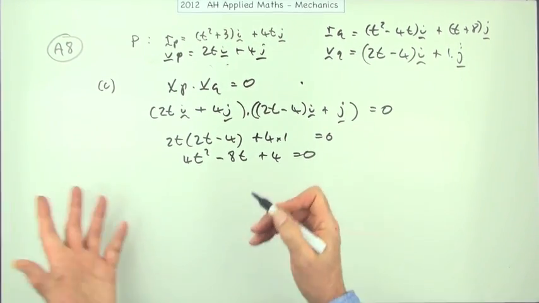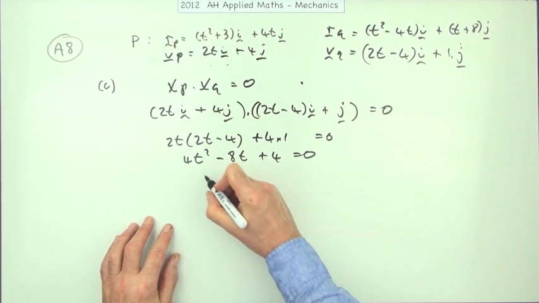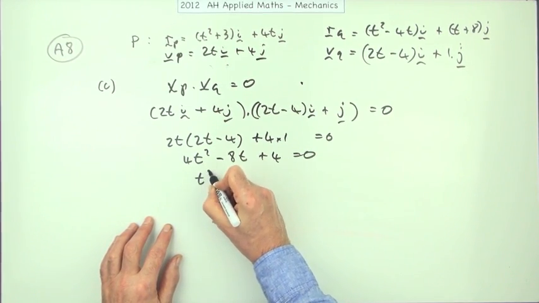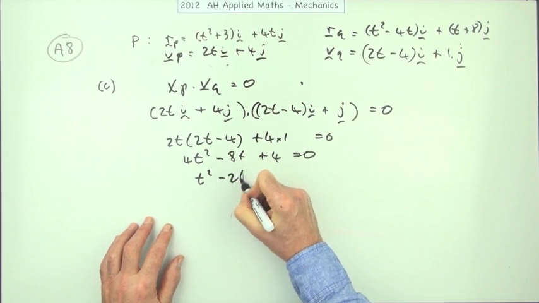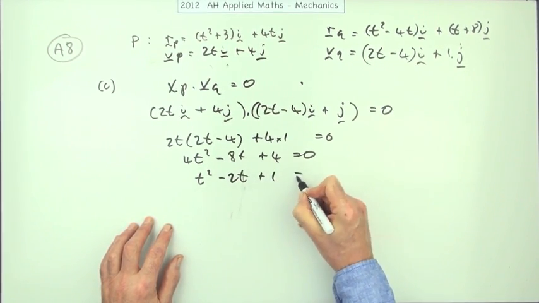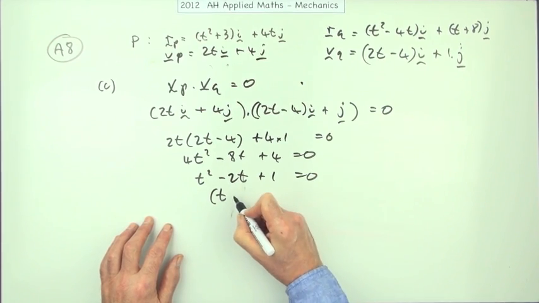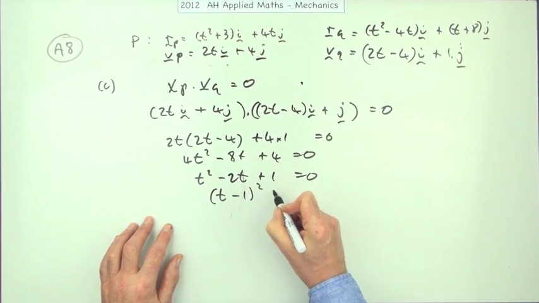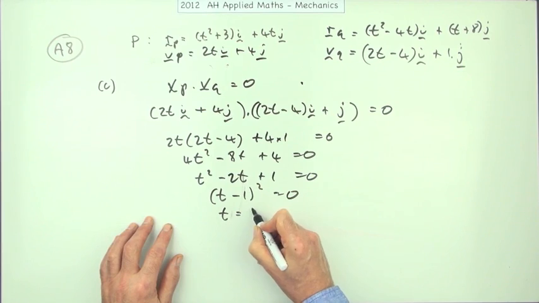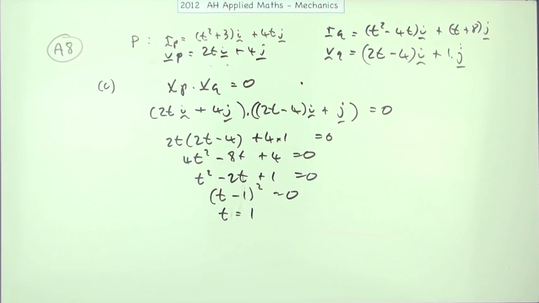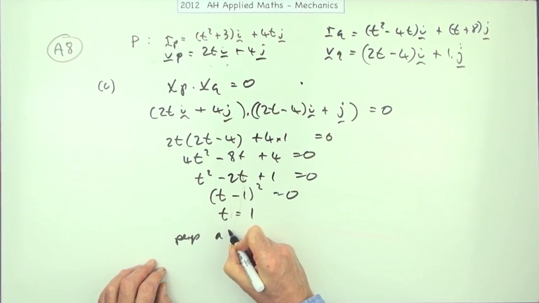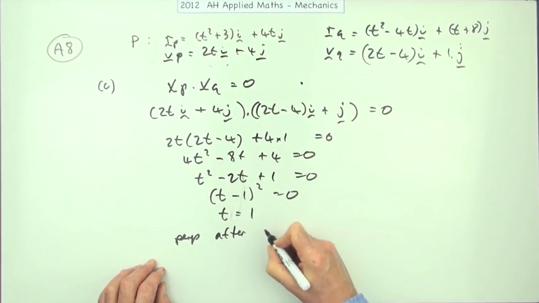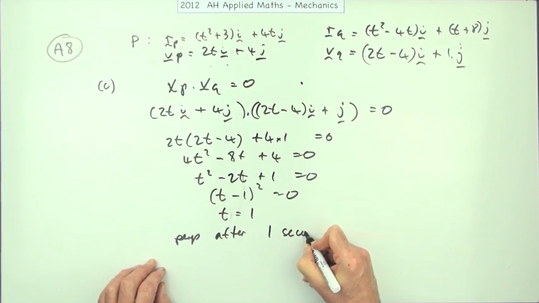Take out the common factor, I don't need to maintain the value of this expression, so I'll just make it t squared minus 2t plus 1 equals 0. And there's a wee square: t minus 1 squared equals 0. So just t equals 1 for that double root. So that'll be the statement: perpendicular after 1 second.